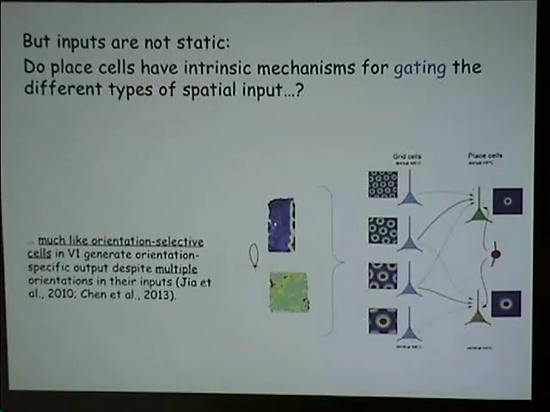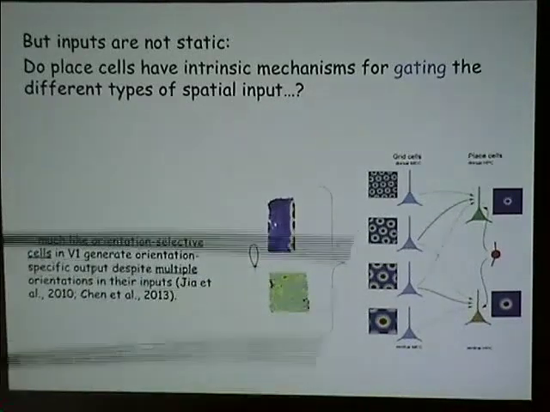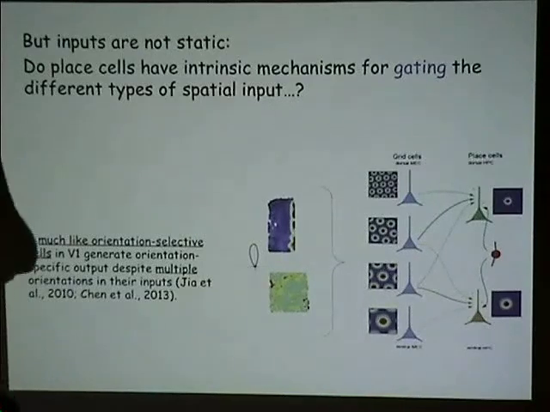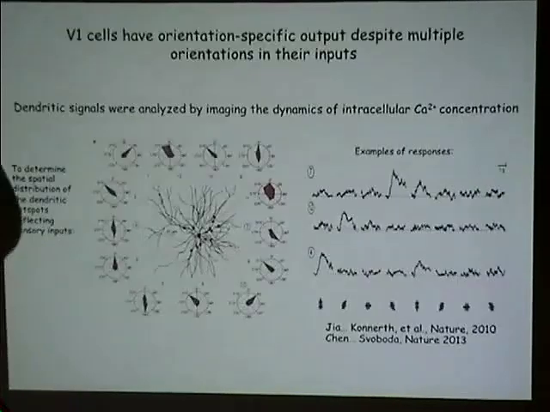That's one possibility. Perhaps different modules of grid cells may interact at different times, also possible. Perhaps this varies across cells. Maybe some cells receive more of one type than another type. It's also possible.